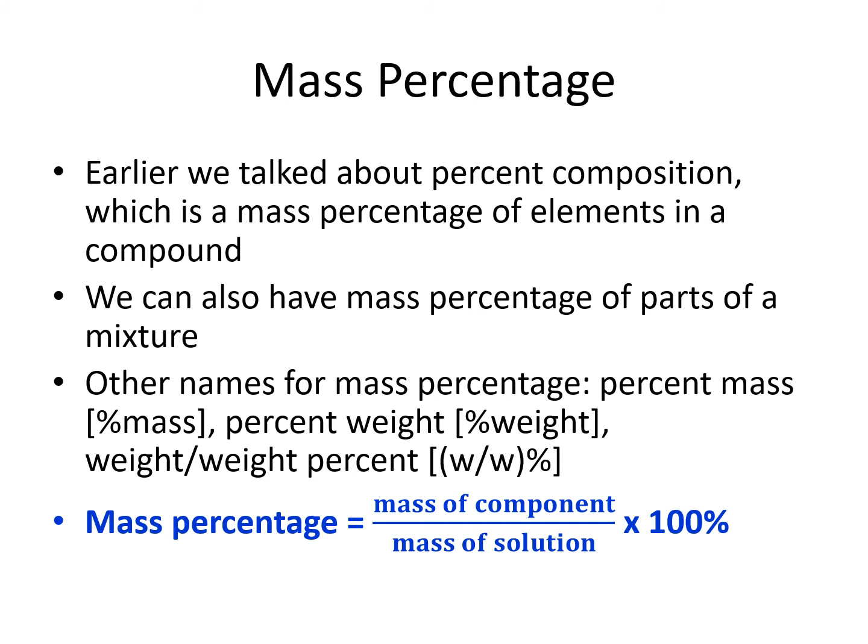Instead, we use the term mass percentage. Other terms that we could use are percent mass, percent weight. We could use weight percent, mass over mass percent, and each of those have little abbreviations that you could use as well. So those are all terms that we could use for part of a mixture divided by the whole mixture times 100.